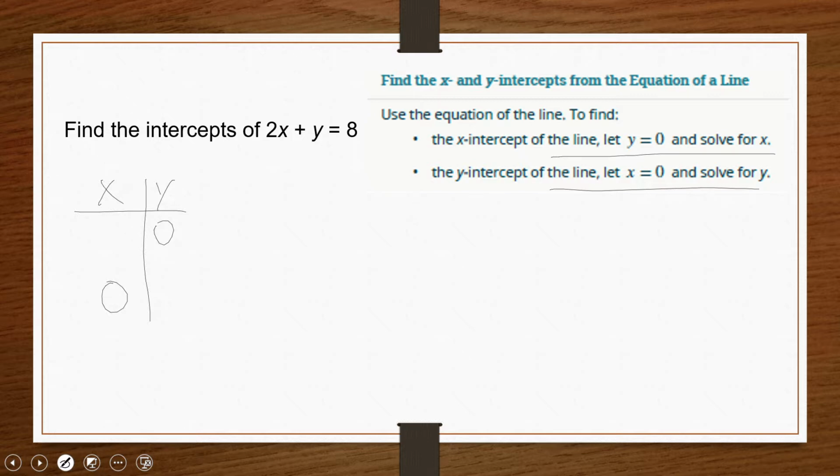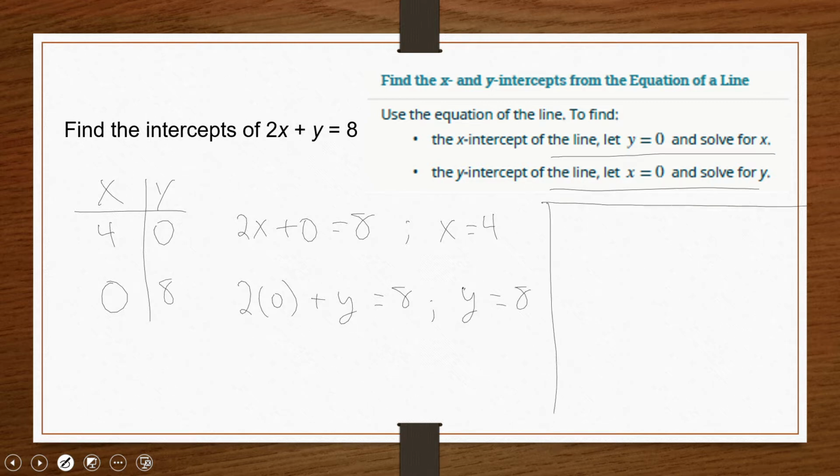When I use y = 0, my equation becomes 2 times x plus 0 = 8. And so I get a solution of x = 4. And if I do the same for x = 0, I get 2 times 0 plus y is equal to 8. And I get a solution of y = 8.